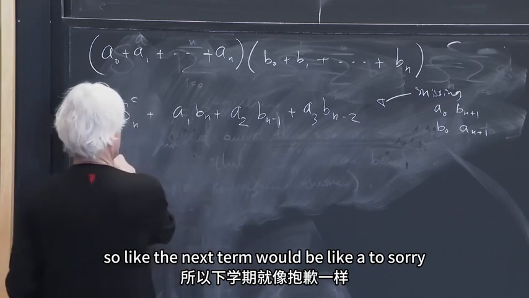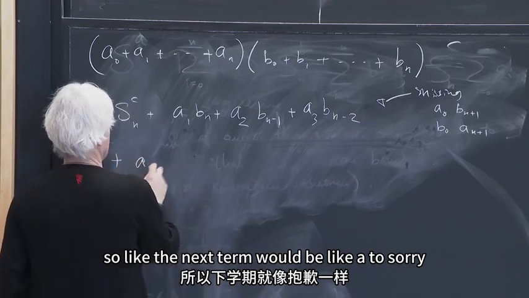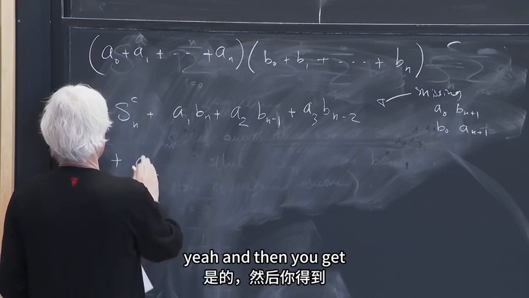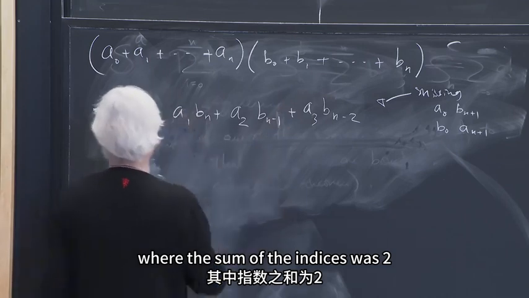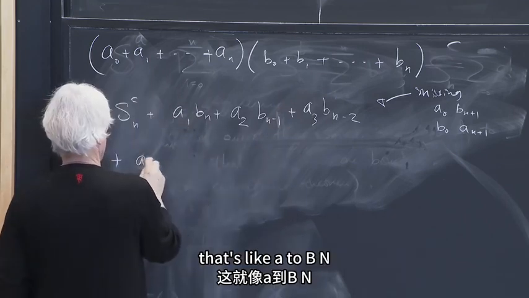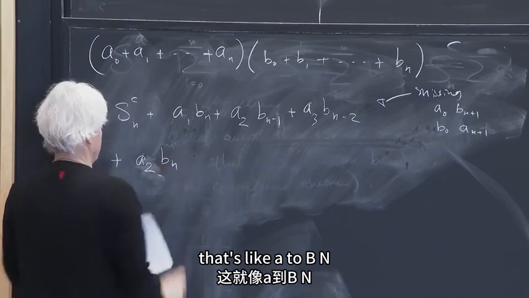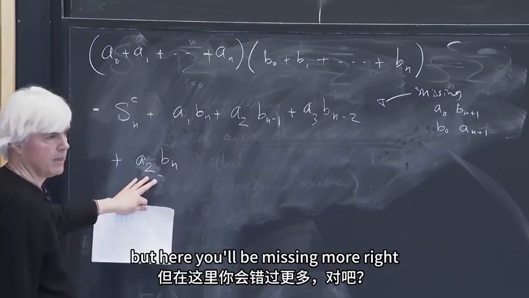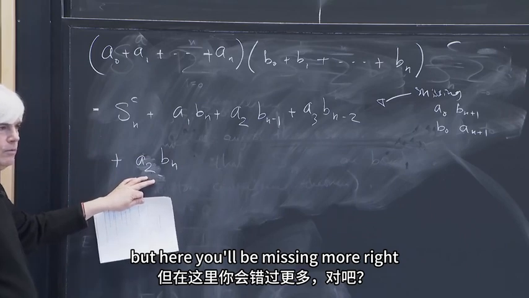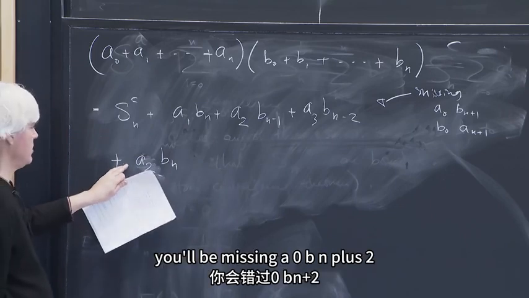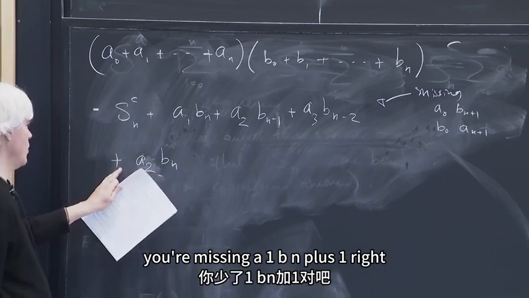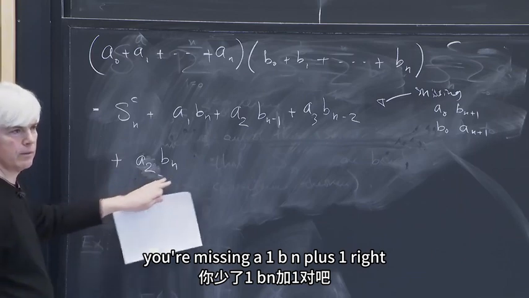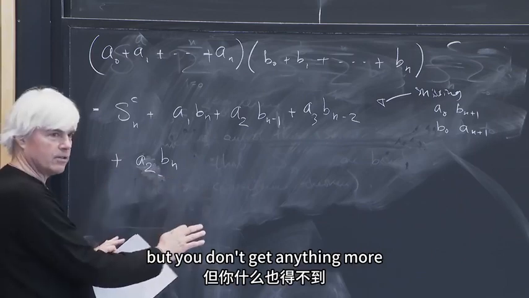And so this pattern continues. The next term would be where the sum of the indices was 2n, like A2 Bn, but here you'll be missing more. You'll be missing A0 Bn plus 2, and A1 Bn plus 1, but you don't get anything more.